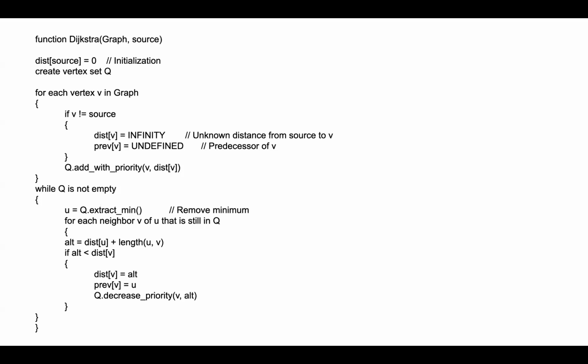Suppose 5 vertices are there. A is the source vertex. Then B, C, D, and E are the destination vertices. So if V is not equal to source, distance of V is equal to infinity, because it is unknown distance for the initialization purpose, or at the start we don't know what it is.